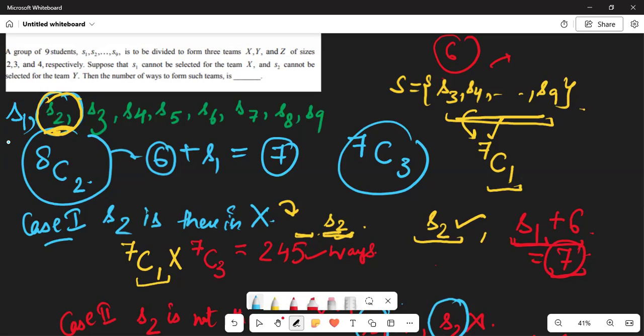If we had just blindly started, like if just S1 should not be there in X, that means we have 8 students. Out of 8 students, we can make a choice of 2. So 8C2.